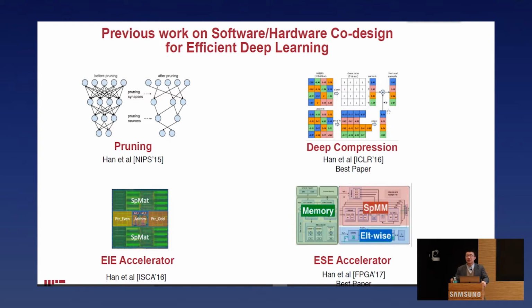And later we did an FPGA prototype, the efficient speech recognition engine, also called ESE, which is a giant sparse matrix multiplication unit to accelerate speech recognition tasks in LSTMs. So this is an overview of my previous work on algorithm and hardware co-design for efficient deep learning.